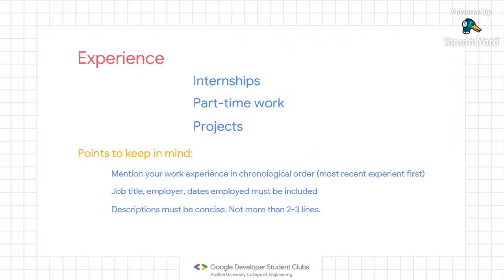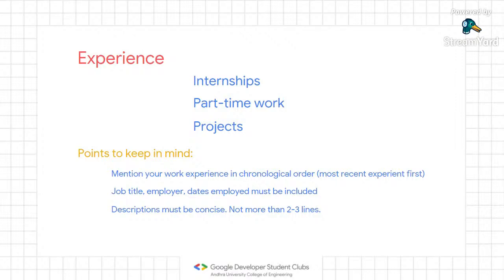Moving on comes your experience part, where you list out all your internships, your part-time work, or projects and stuff like that. Typically, you will have to mention the company or the place where you've worked, and the role that you have worked in, like a front-end web developer, back-end developer, full-stack developer, or machine learning engineer.